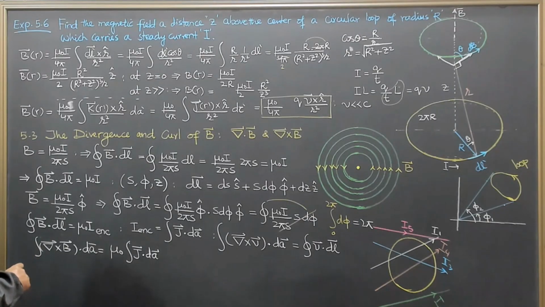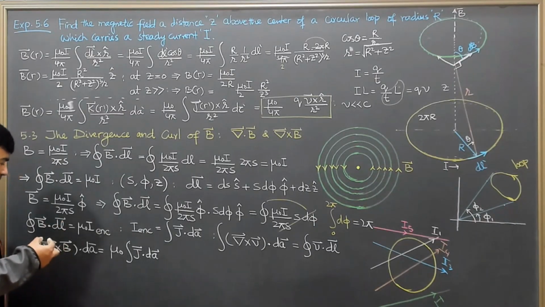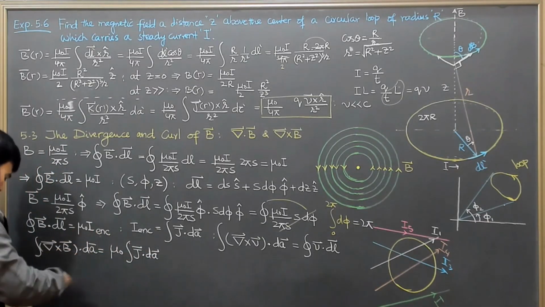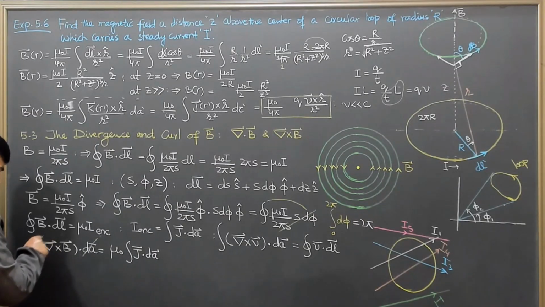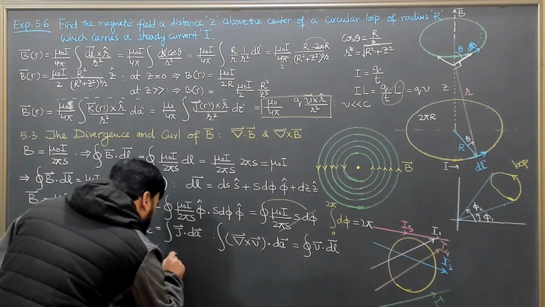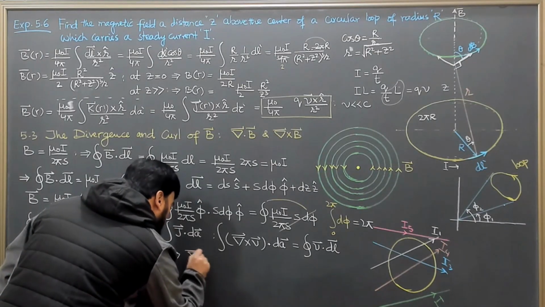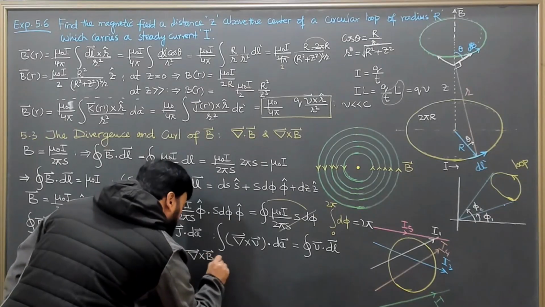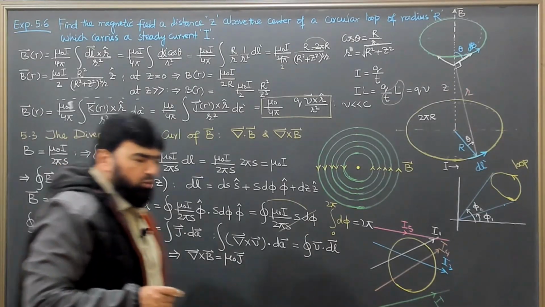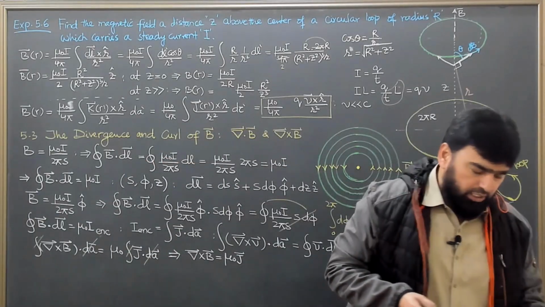Now the dA, the surface area, is the same here because it's the same area. So the area cancels with the area here, and I will have the differential form, the curl. So curl of B equals mu naught J.